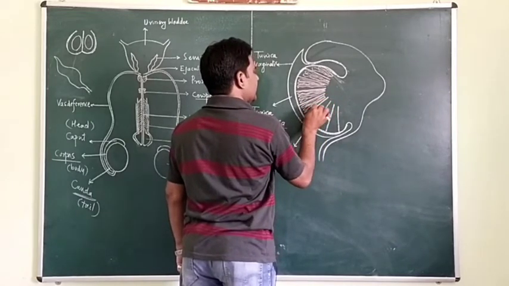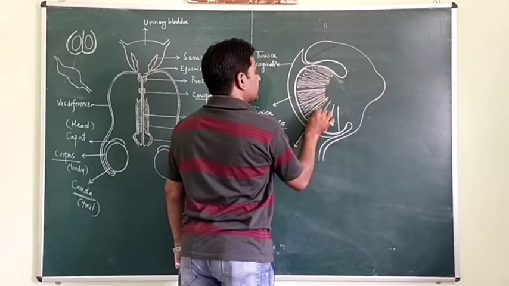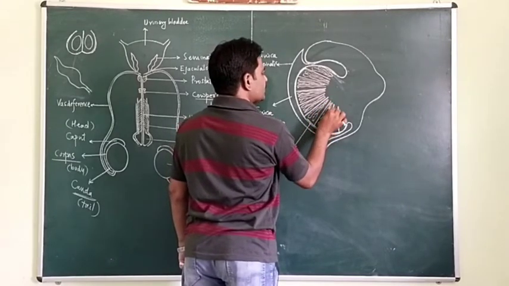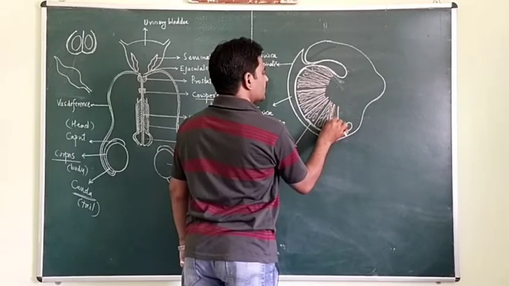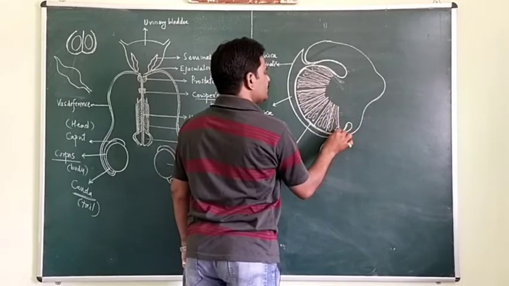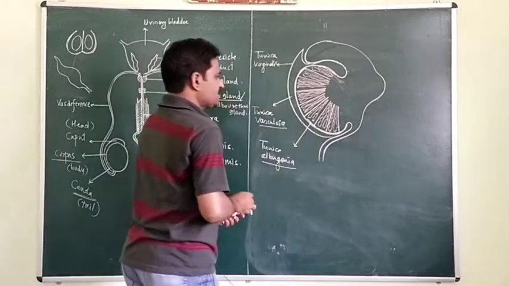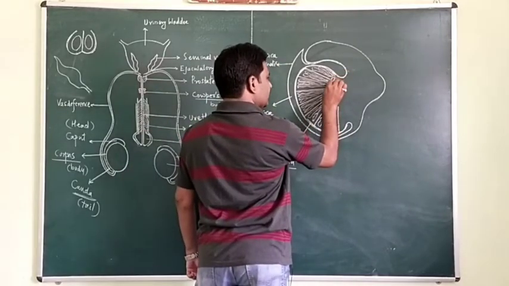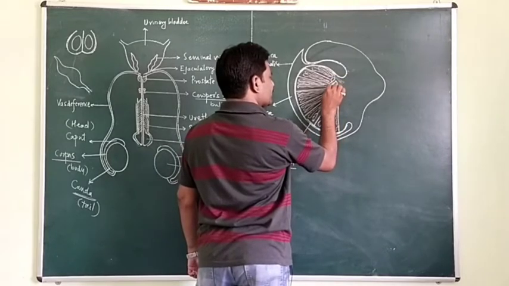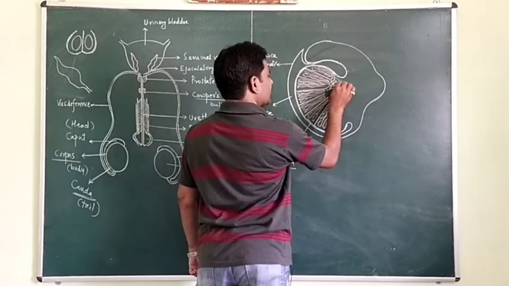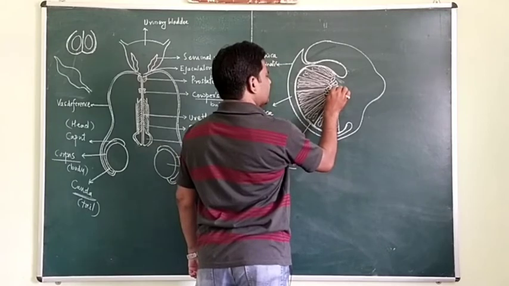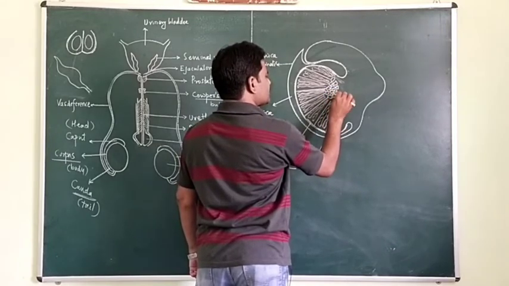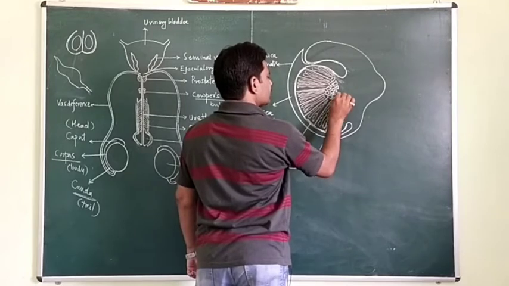All the seminiferous tubules join to form a channel, a network of ducts, which is called the rete testis.